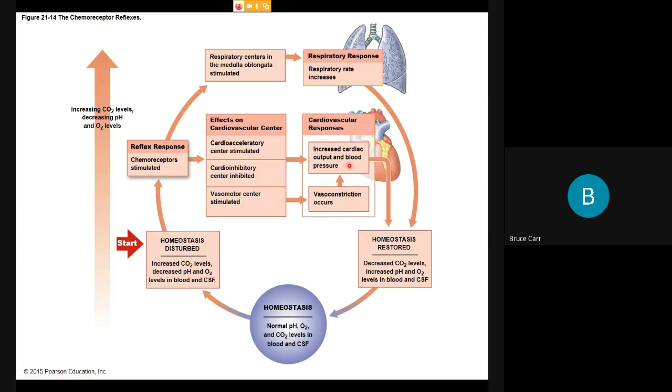That's one effect that's going to move more oxygen in, more CO2 out, and increase the pH. But a second thing that happens in conjunction with this is stimulating the respiratory centers to breathe harder. That's going to get rid of CO2 faster, bring oxygen in faster, and basically correct the imbalance.